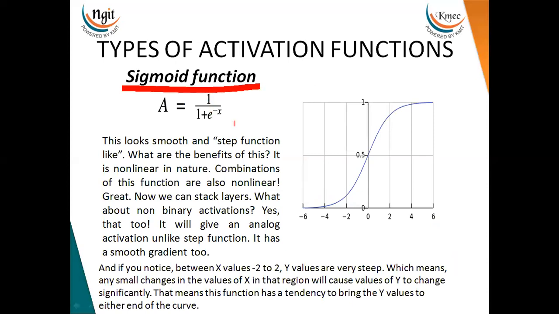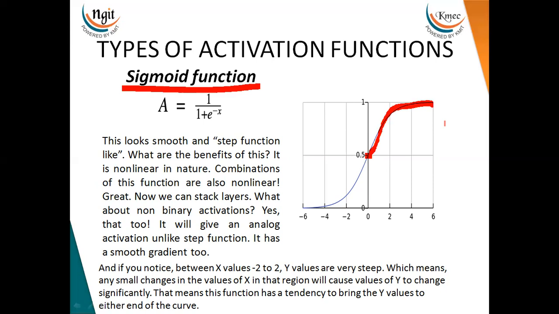Now, the sigmoid function does not have its center at 0. The center is non-zero. Here you can observe that the center is 0.5, and it forms an S-like curve. When your input is negative, it will still map your output to positive values.